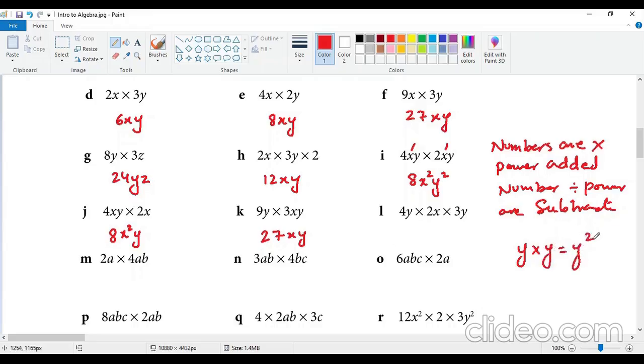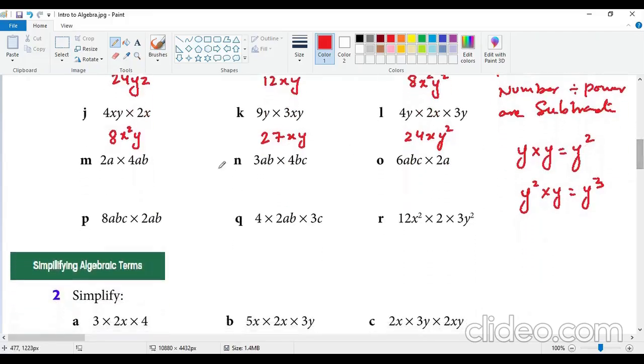In the same pattern, if I'm multiplying y square with y, your answer should be y cube. Now this gives you 4 times 2 is 8, 8 times 3 is 24, and x y square. Always write x first and then comes y square. This is going to give us 8a square b, and this gives you 12a b square c.